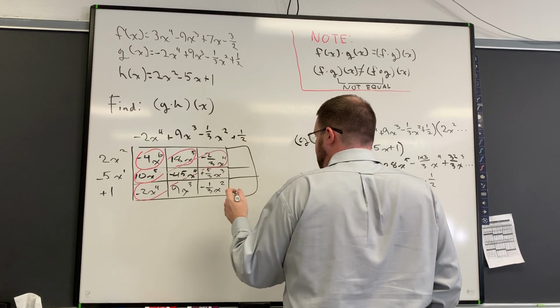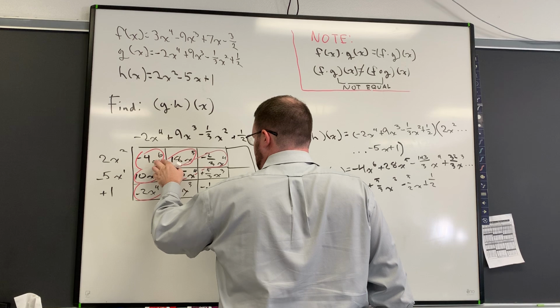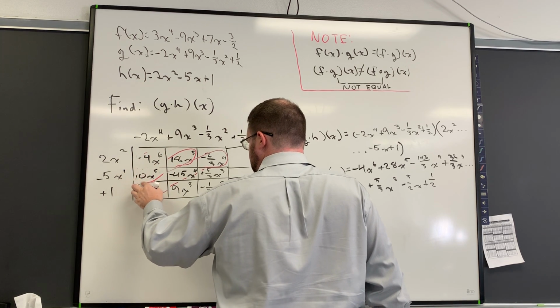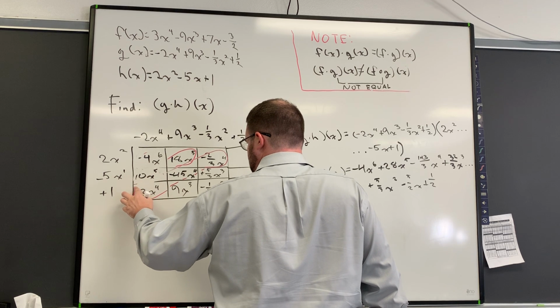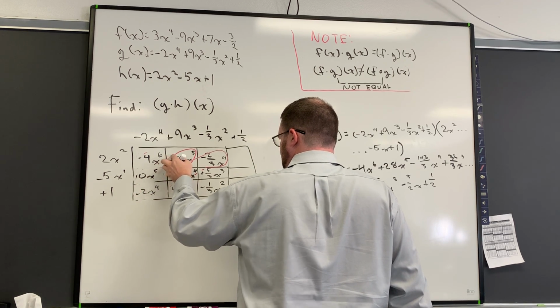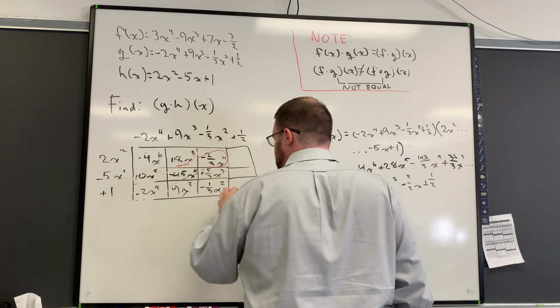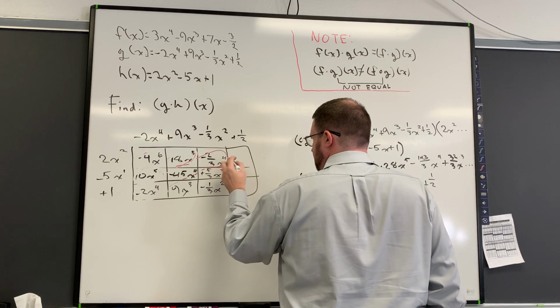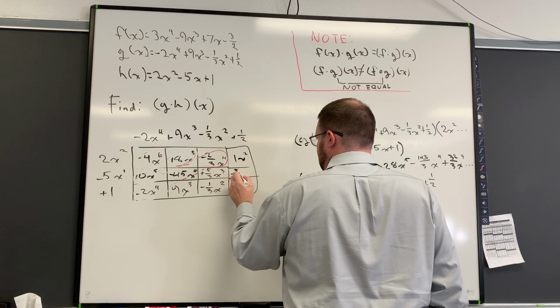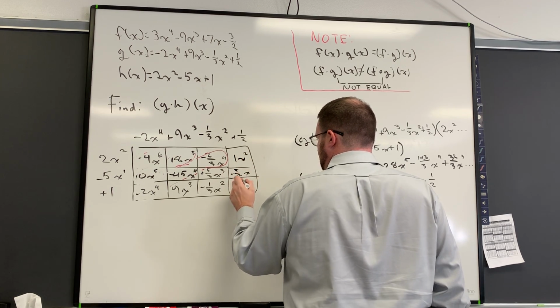Everything will end up coming out the same, except your like terms will not necessarily be in diagonals. You're going to have to search for them. So if I do this, I'm going to get 1x squared minus 5/2 x and 1/2.